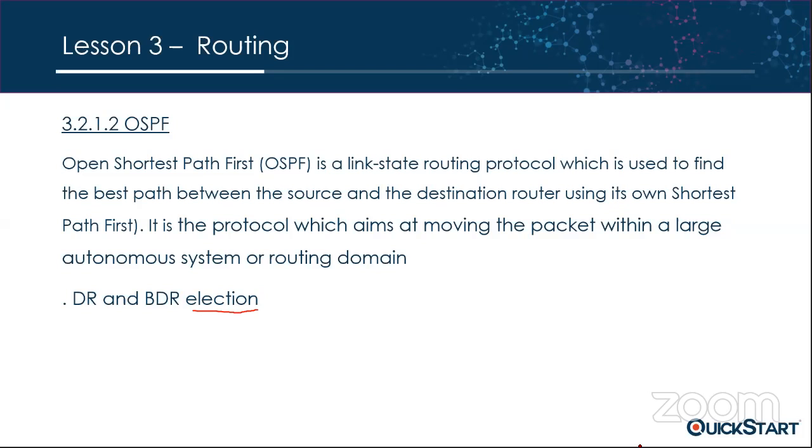There is another thing, which is router priority, and router priority is an 8-bit value. It's assigned to a router which is operating OSPF, and basically it is used to elect the DR and BDR in the broadcast network.